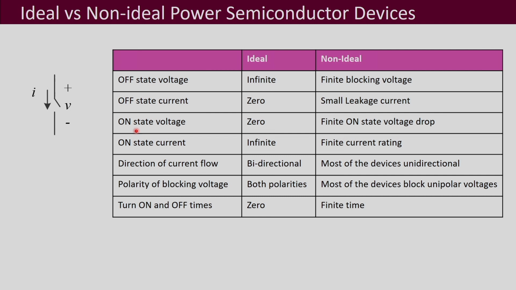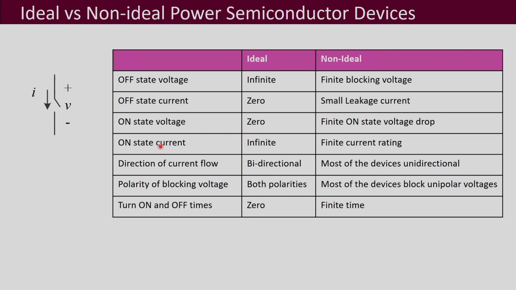Then you have the on state voltage: when you turn on the device there will be a small voltage drop across the device in a practical device. So, a finite on state voltage drop, but ideally we had assumed that it is 0.